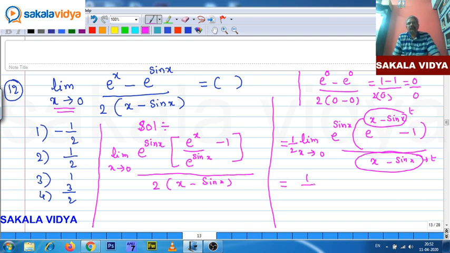So half into e power sin 0, e power 0 is 1, and e power t minus 1 by t. For example, x tends to 0, even x minus sin x also tends to 0. That means you get like this, you can change the limit: limit t tends to 0, e power t minus 1 by t. This is standard result. So half into 1, answer is 1 by 2. So second option is the right option.